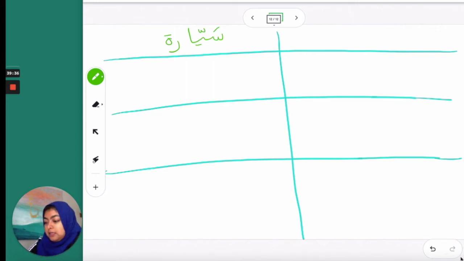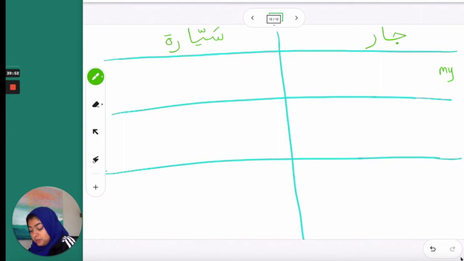We'll do the word سيارة. And let's do the word jar. So go ahead, start with jar, and then move on to سيارة.